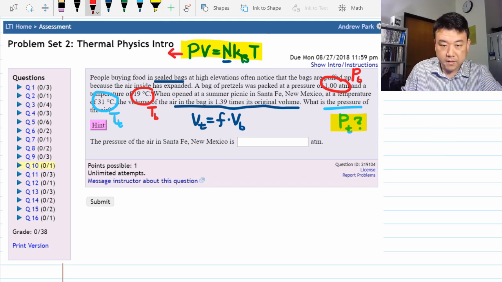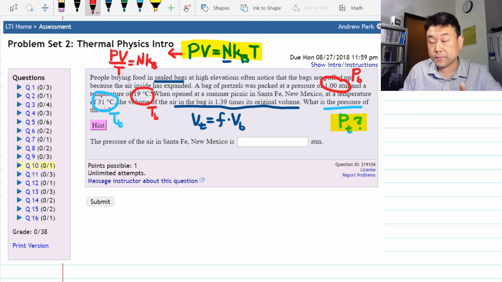You can rewrite it as pressure times volume divided by temperature is equal to NkB. k, Boltzmann constant, is constant, it doesn't change. N could potentially change, but in many questions it doesn't.